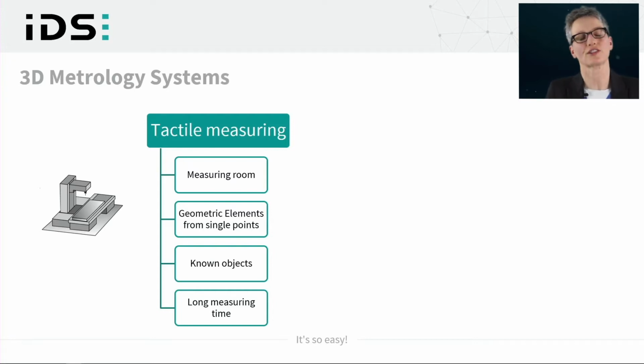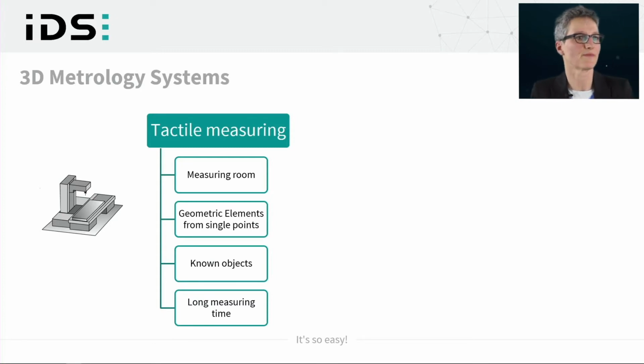On these machines, typically geometric specifications with very small tolerances in the range of some micrometers were checked against the technical drawing. To do this, the machine takes single points on the surface of the object, and they are used to create primitives like planes, circles or cylinders, and the measures are calculated from intersecting these primitives.